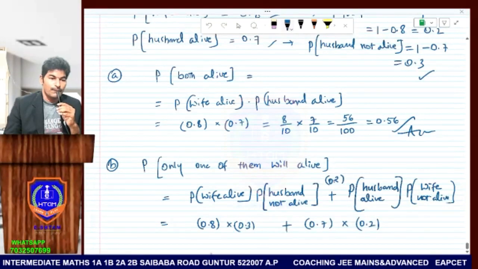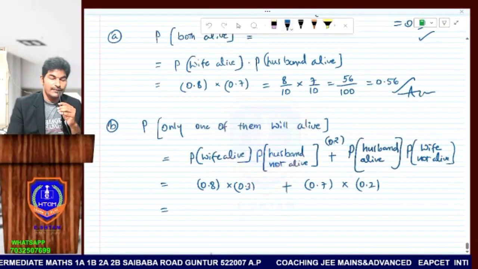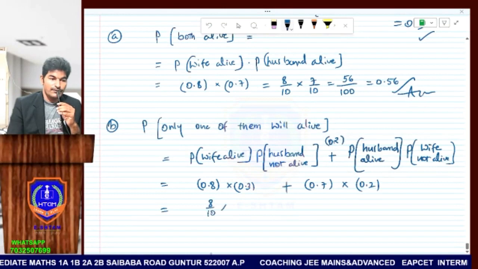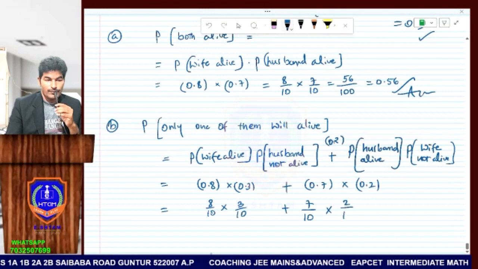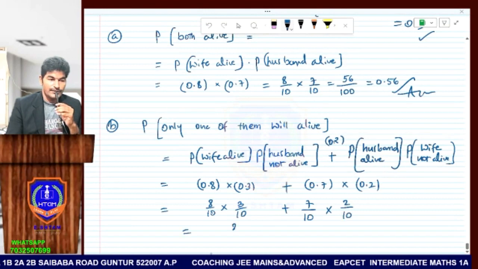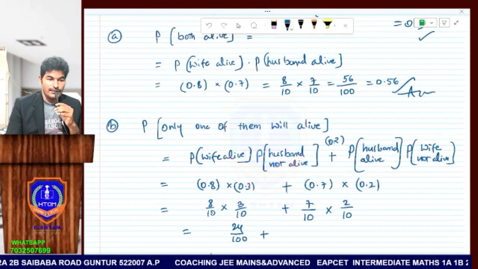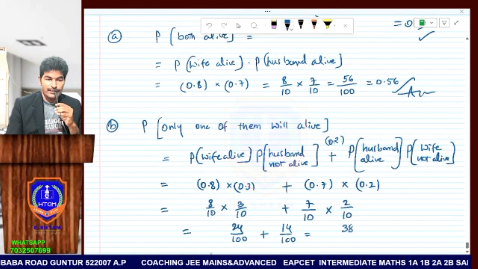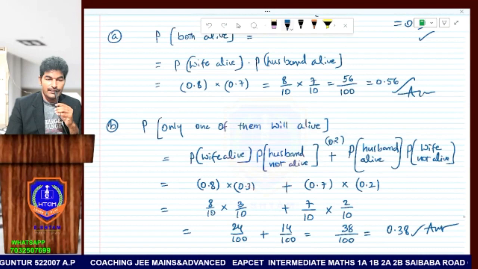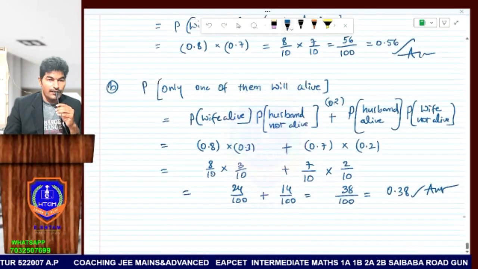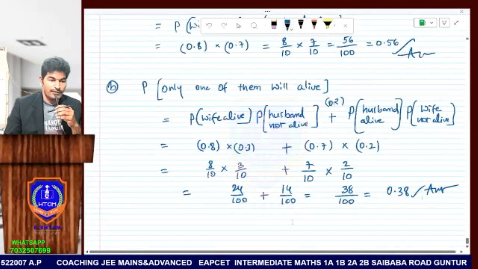So we will calculate this value. 0.8 is 8 by 10, 0.3 is 3 by 10, 0.7 is 7 by 10, and 0.2 is 2 by 10. So this is 24 out of 100, and this is 14 out of 100. So 24 plus 14 is 38 out of 100, which is 0.38. That is the answer to this question. Understood?